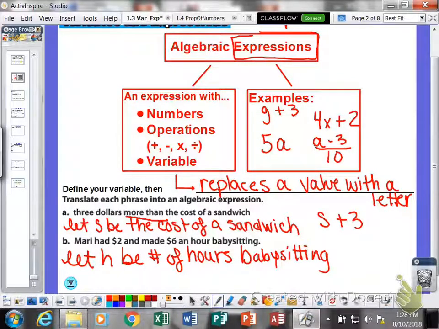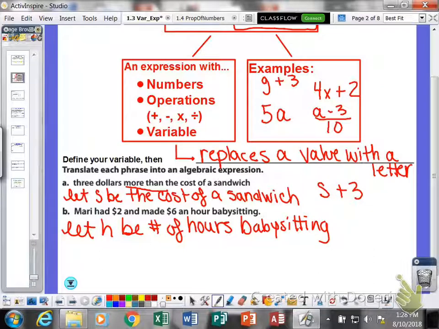And then our algebraic expression: she had $2 and she made $6 an hour, so $6 for 1 hour, 2 hours, 3 hours, 4 hours, whatever, because we don't know how many hours she worked. Again, no equal sign. We're not solving it. So that's an algebraic expression.